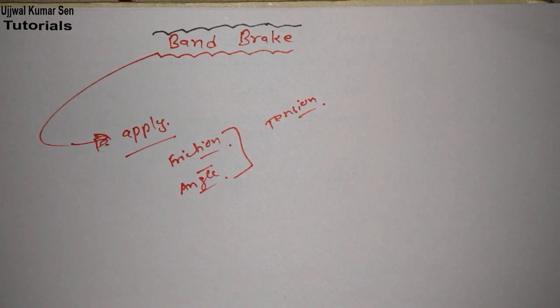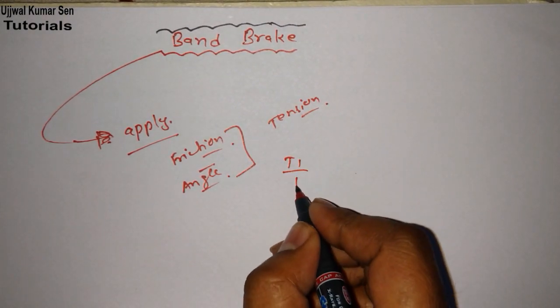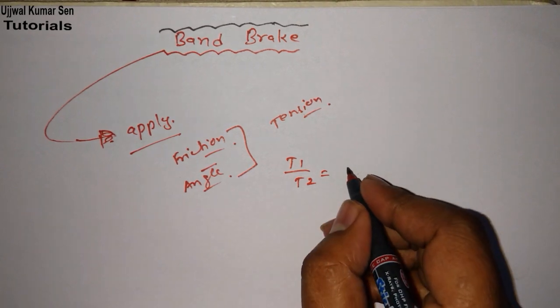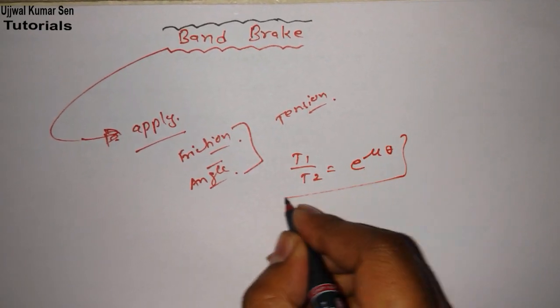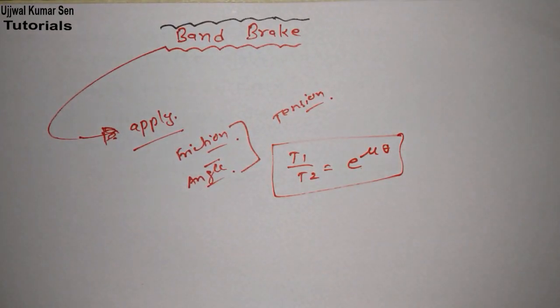So based on all these things, which depend on your action for applying the brake, we have a formula, that is T1 by T2 equals e to the power mu theta. So here we have three important things.